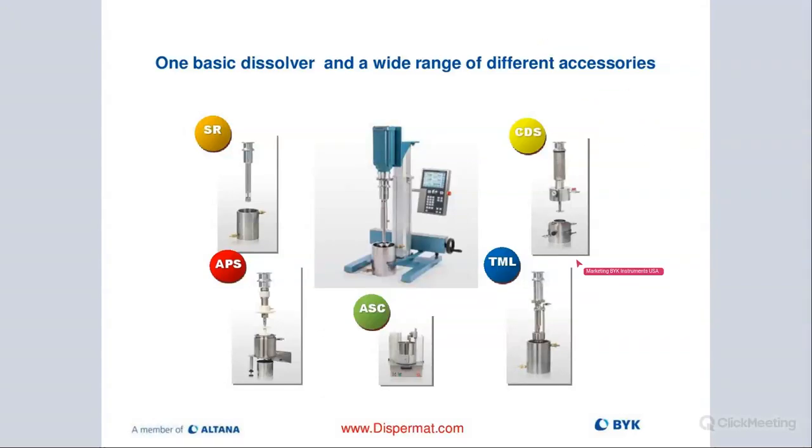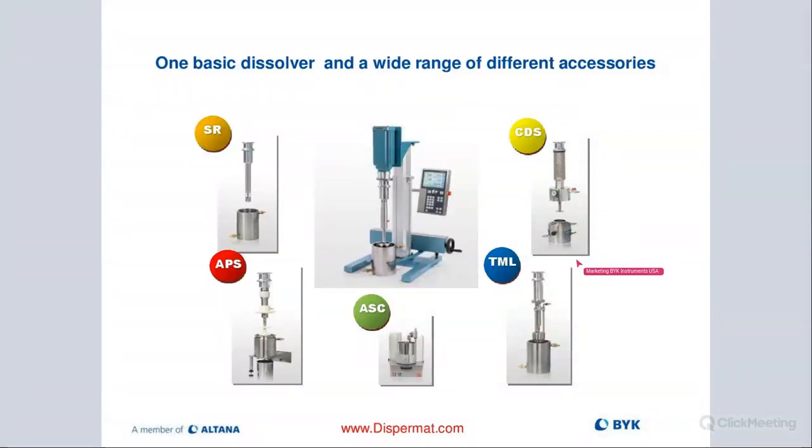This is a great picture illustrating what I just talked about. In the middle, you see the Dispermat using the Cowles blade for pre-dispersion. On the top left, you can see the rotor stator attachment. On the top right, a vacuum system attachment.